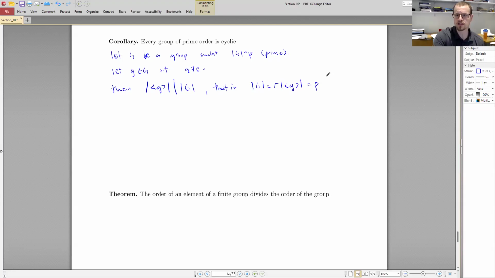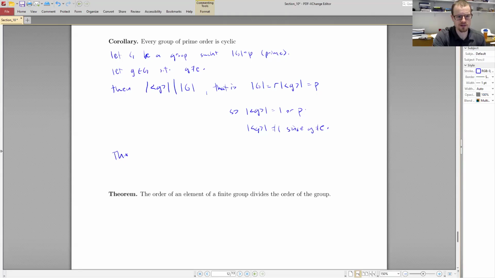But this is p, a prime number. So the order of the subgroup generated by g must be equal to 1 or p. But we know that the order of the subgroup generated by g is not 1, since g is not the identity.